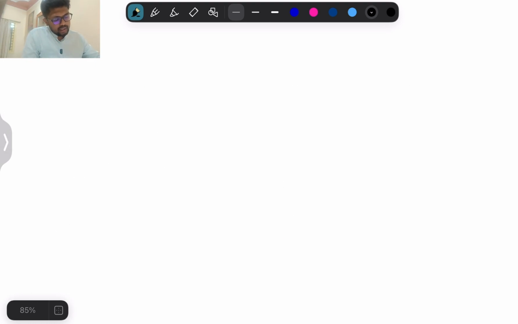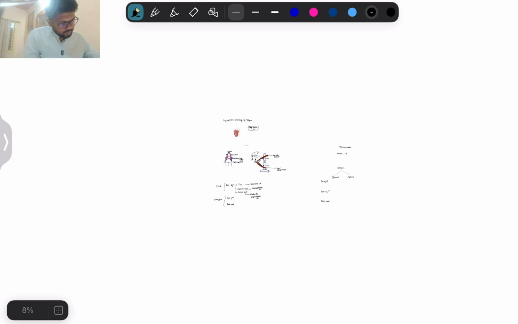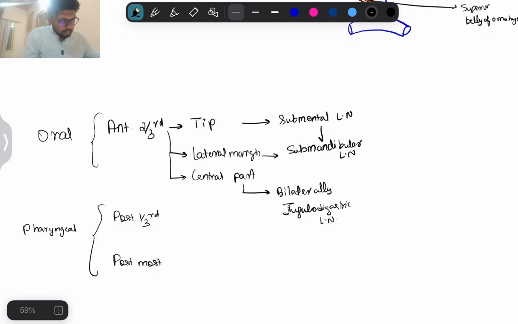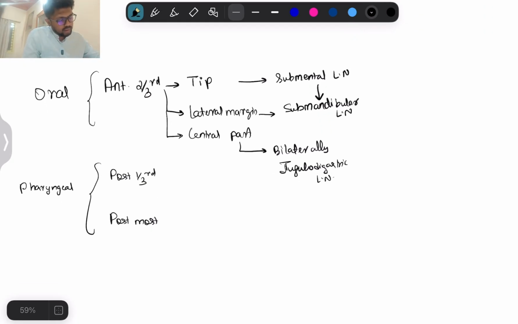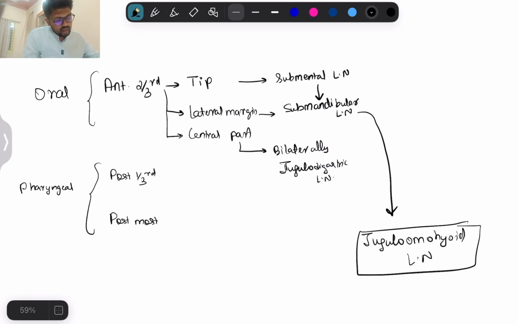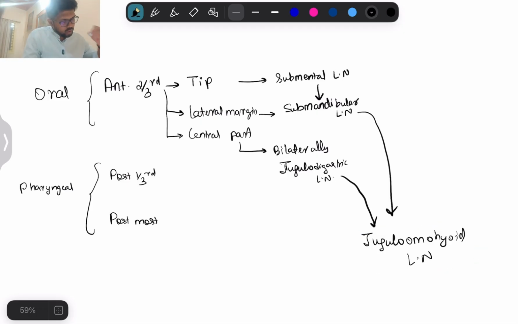Ultimately this submental group will drain into the submandibular group, and the submandibular group will drain into the jugulo-omohyoid group of lymph nodes. Similarly, the central part that was draining into jugulo-digastric will also drain into the jugulo-omohyoid group of lymph nodes.